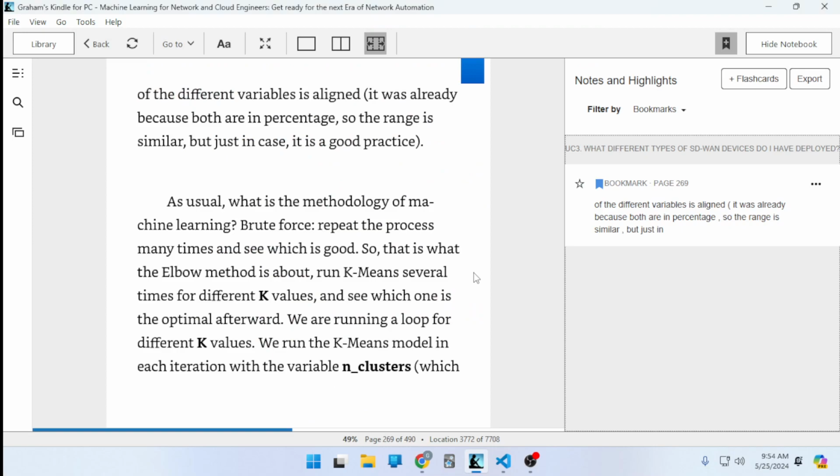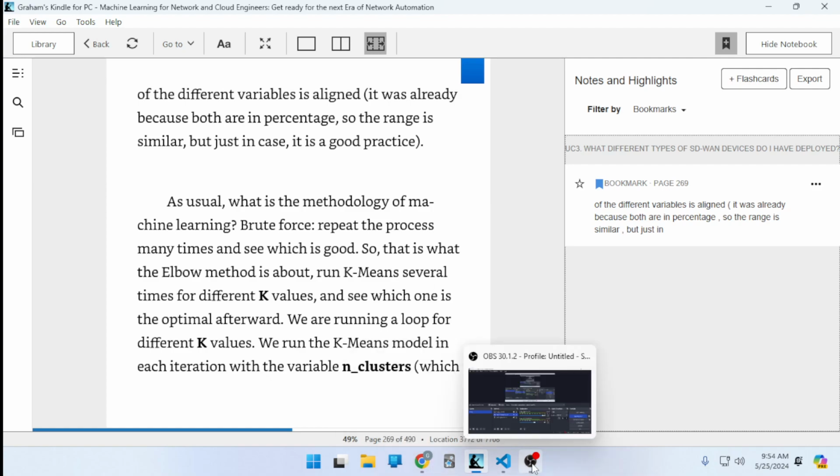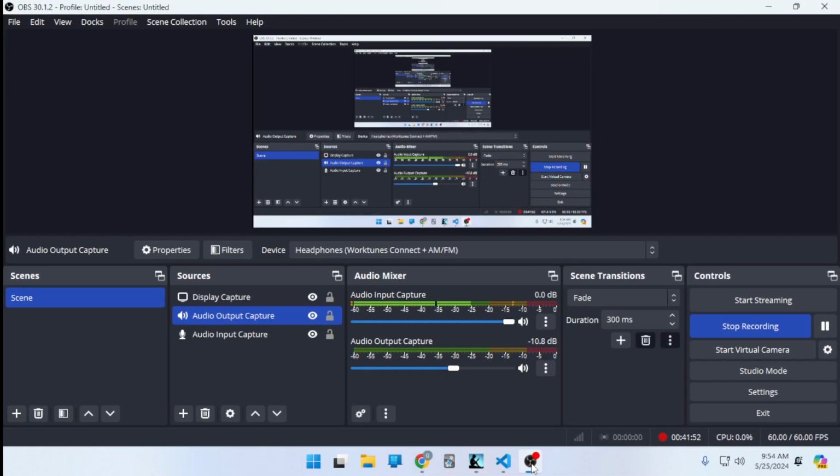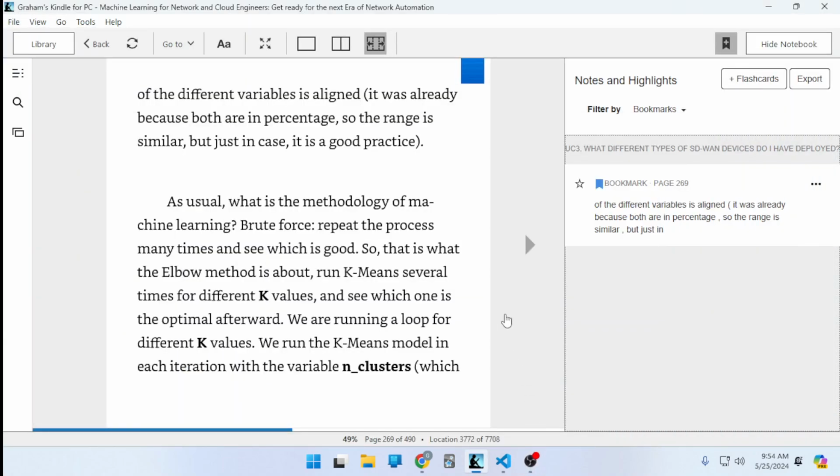So, as usual, what is the methodology of machine learning? Brute force. Repeat the process many times and see which is good. So that is what the elbow method is about. Run k-means several times for different k values and see which one is the optimal afterward.